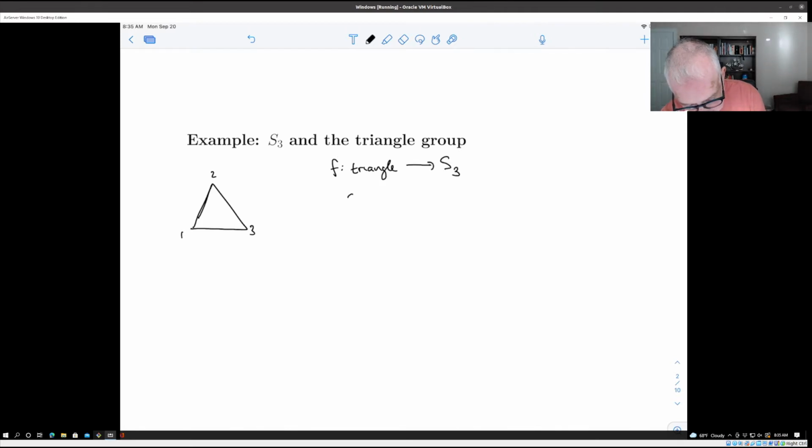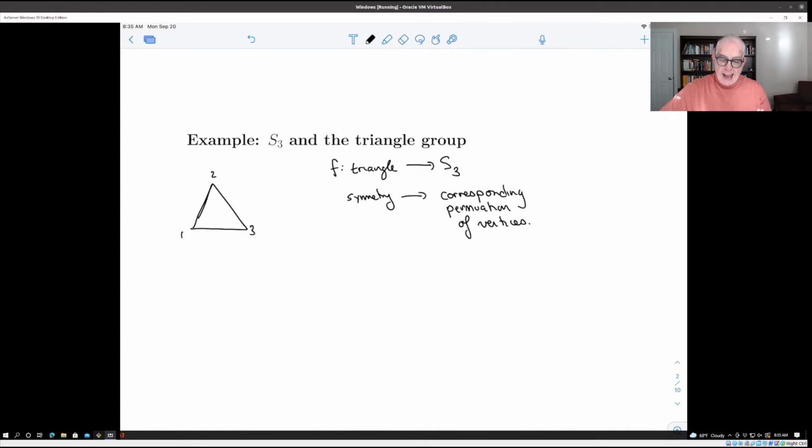Namely, we send a symmetry of the triangle to the corresponding permutation of the vertices. And as we know, there are 6 elements of the symmetry group of the triangle. And so we had the identity element goes to the permutation which doesn't do anything.